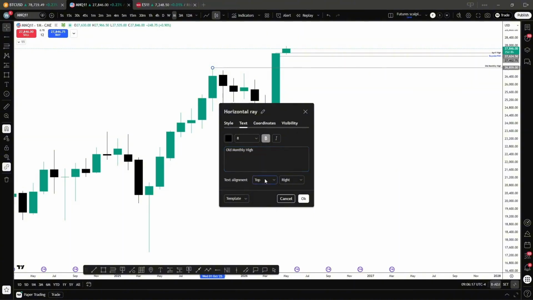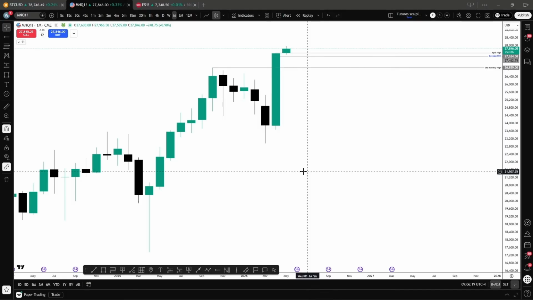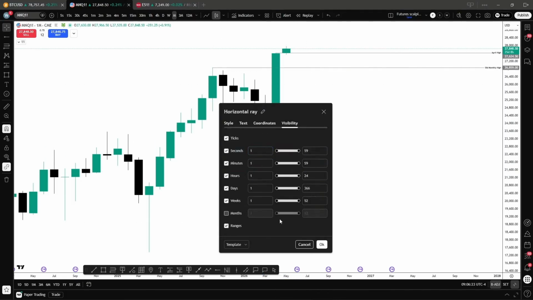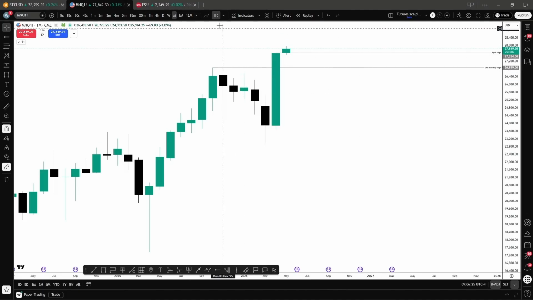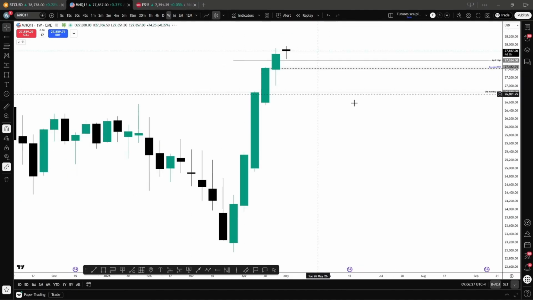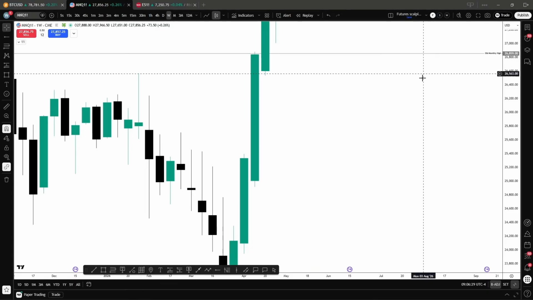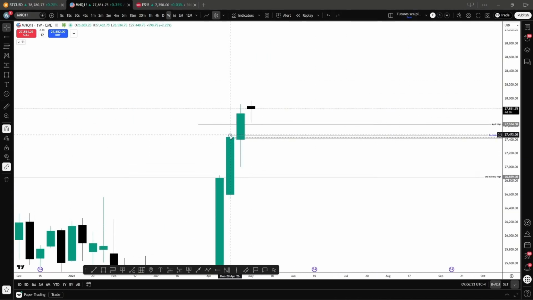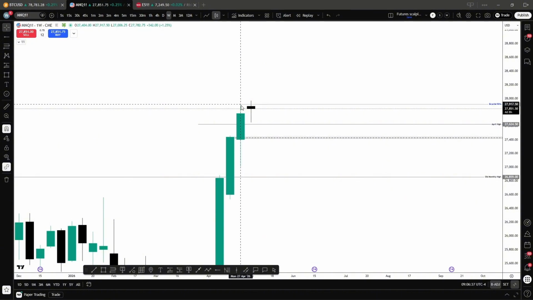So I know the market could easily trade down to that. It shouldn't be visible on the monthly, so get rid of that. Let's just send that right there, and then we go to the chart. We got last week's high, which is sitting right there.